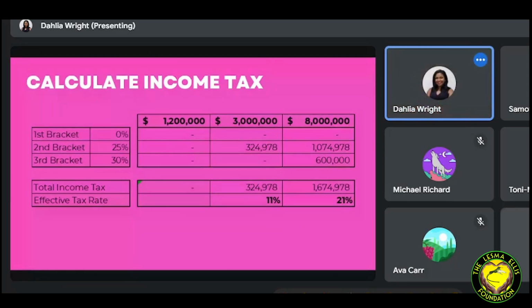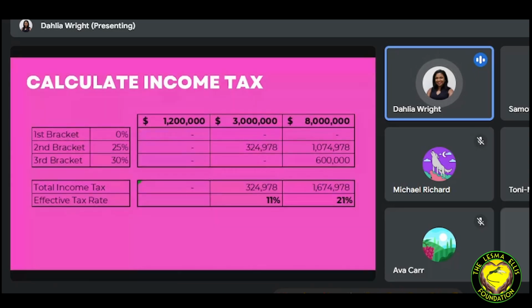Right, and then the last bracket is the 8 million, like say someone makes 8 million, which is above that $6 million threshold. Again, in the first bracket, that first 1.7 million that you earn is not taxed.